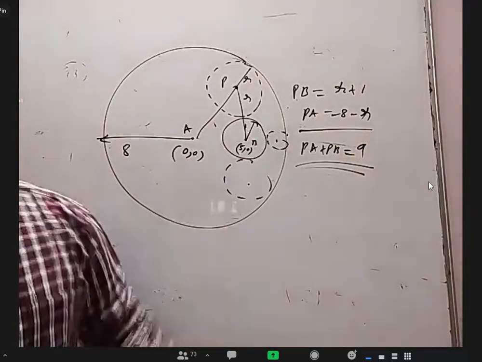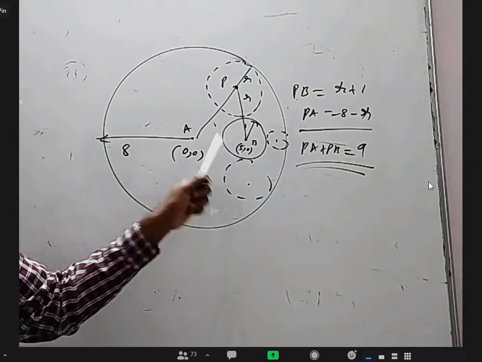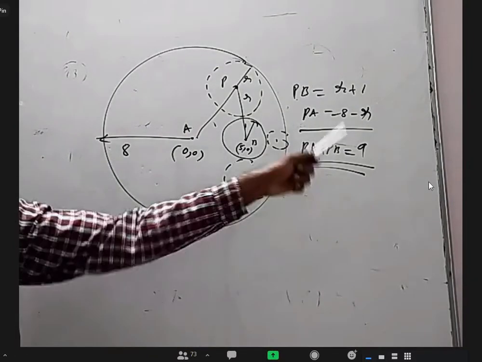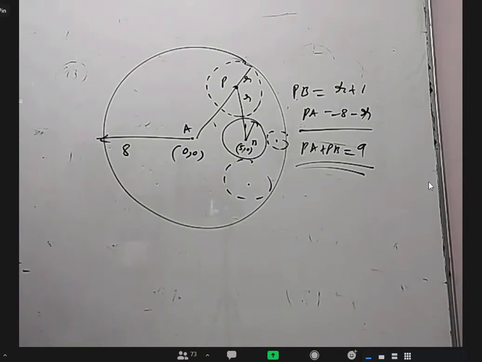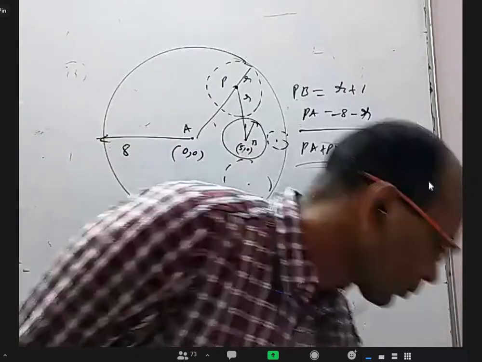When PA plus PB is constant, what will the locus of P be? Ellipse. And A and B are the foci. And 9 is the length of the major axis. Is it okay, everybody? Yes, sir.